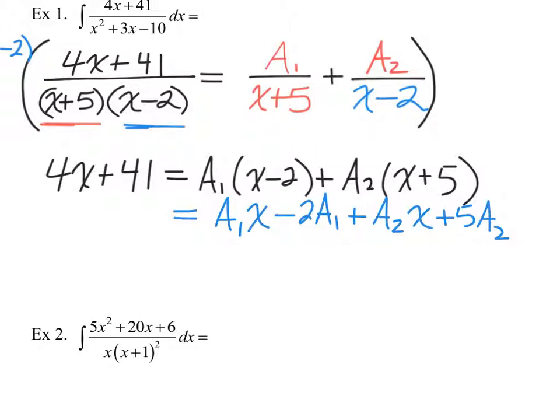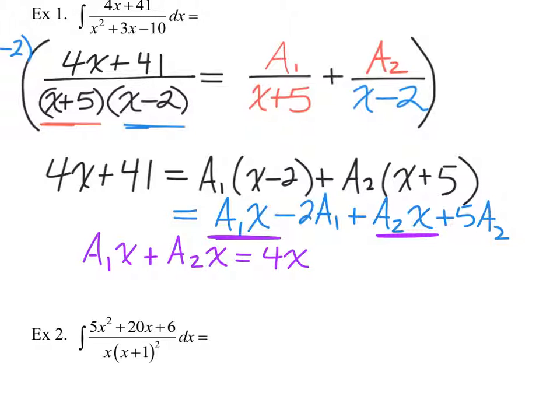We'll be able to come up with a system of linear equations from this because I have 2 terms that contain an x. So I could say a sub 1x plus a sub 2x should be equal to 4x. Whatever these 2 coefficients are should allow me to combine these 2 terms to get a 4x.